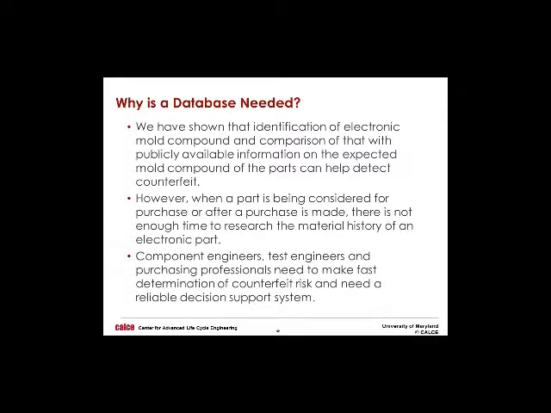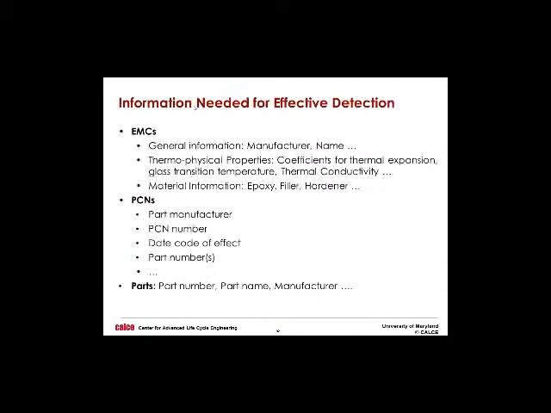So that's why we are working on a database of the mold compounds and the parts and the PCNs, linking them together. These are the kind of information we are putting in the database.